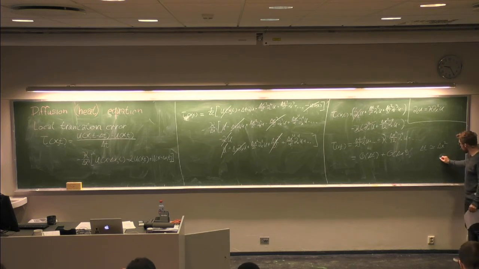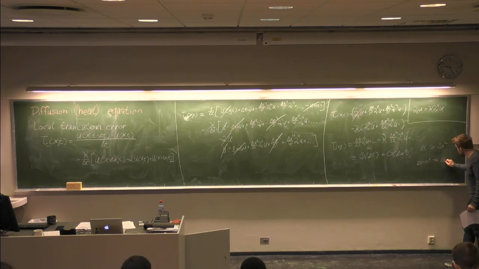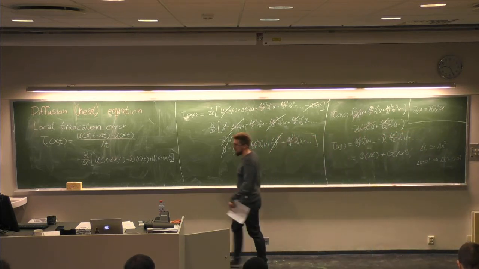So if delta x is 0.1, then you would want delta t to be something on the order of 0.01, just to preserve the error.